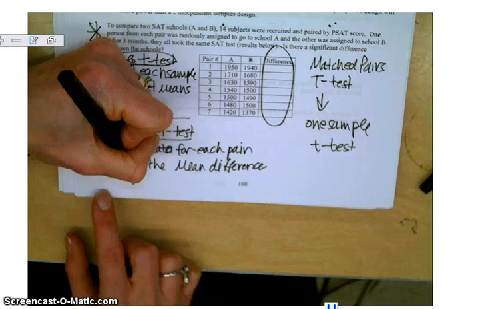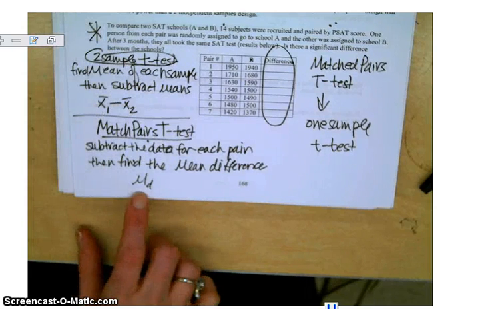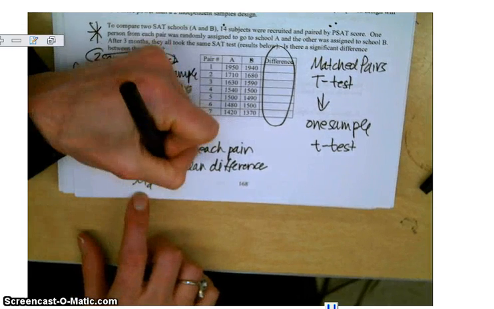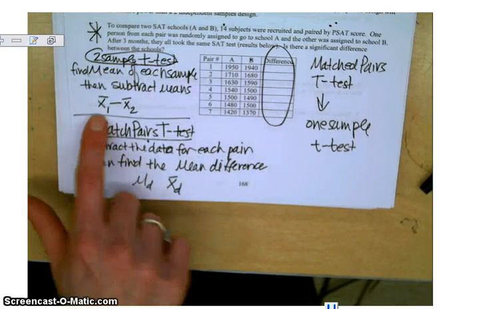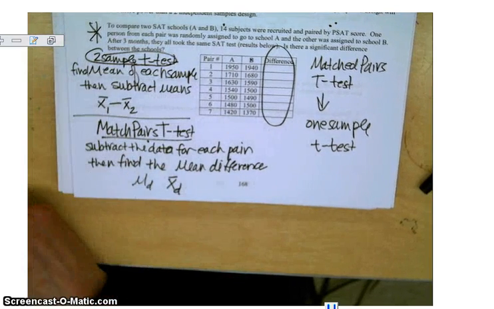So you'll just be finding one mean, the mean difference, or X bar of the difference, rather than having two X bars that you're going to subtract.